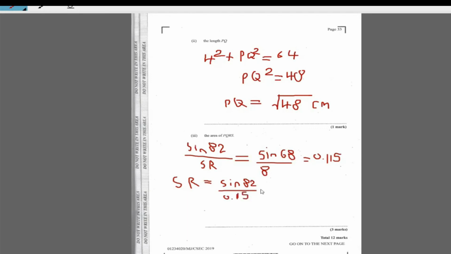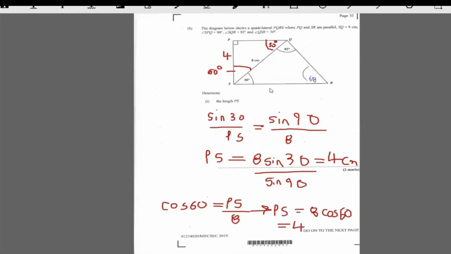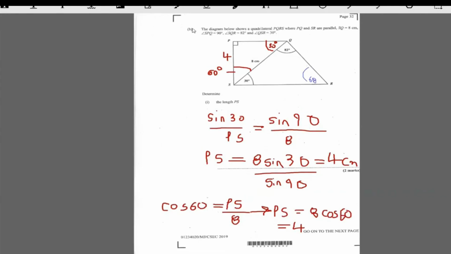That gives me SR to be 8.55. Now that I know SR is 8.55, I'm kind of good. Knowing SR is 8.55 makes everything easy.